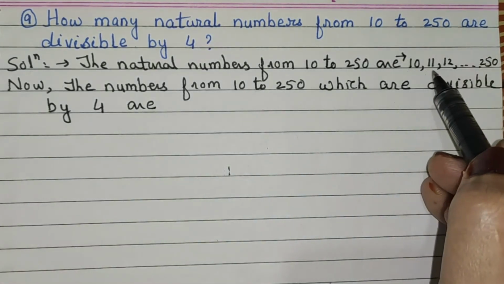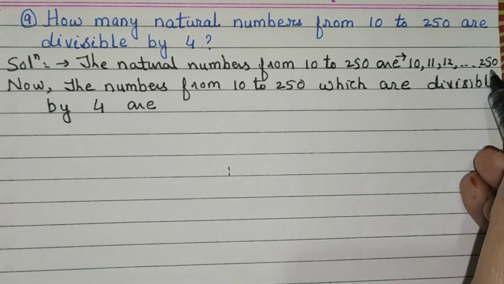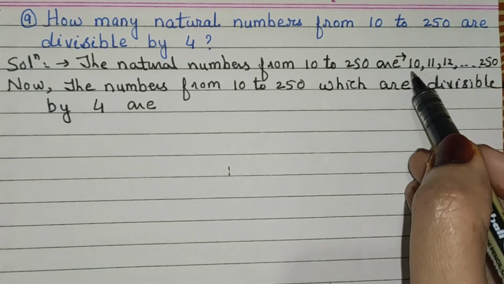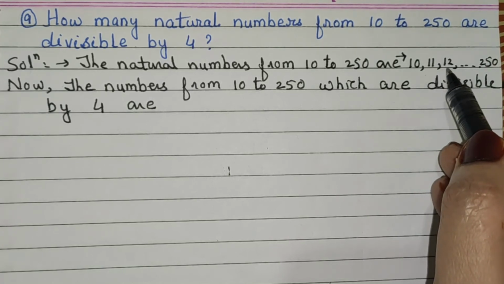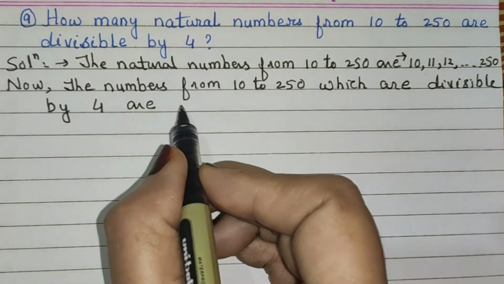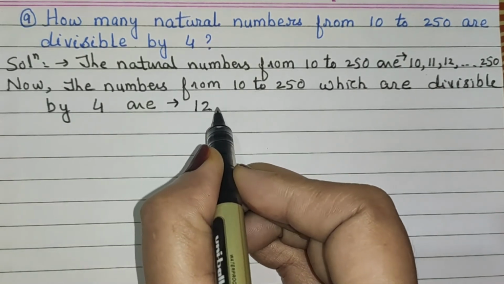Now from the natural numbers from 10 to 250, 10 is not divisible by 4, 11 is also not divisible by 4, now the next one is 12, it is divisible by 4, therefore write down here 12.